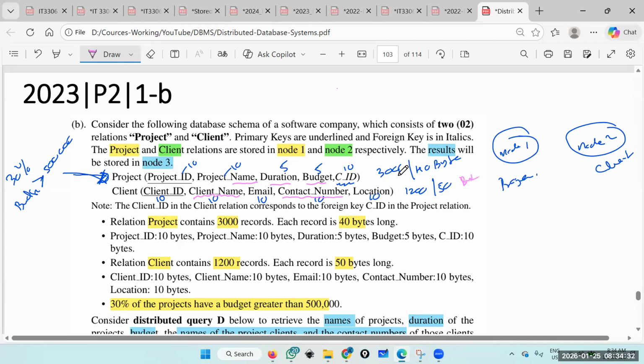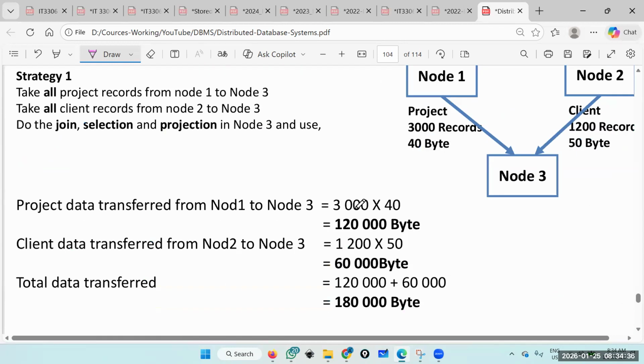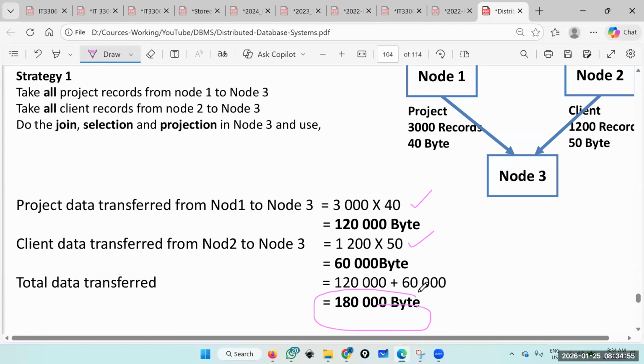That means 3,000 into 40 plus 1,200 into 50. So the total transferred bytes is 108,000 bytes. So that is, take node 1 data to node 3, node 2 data to node 3. Okay. Right. So that is that approach.